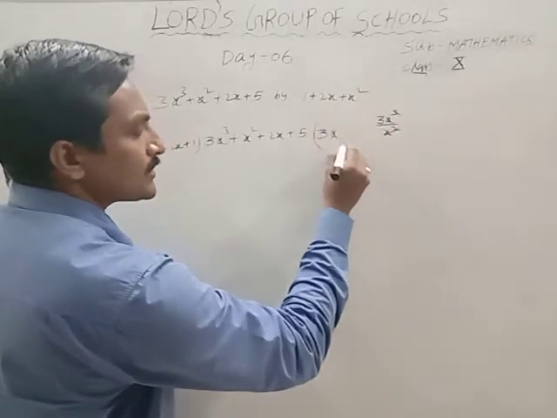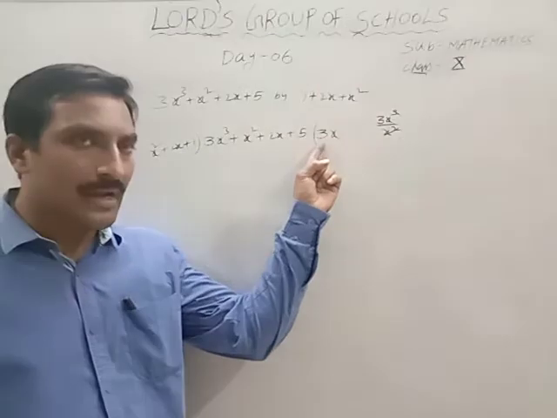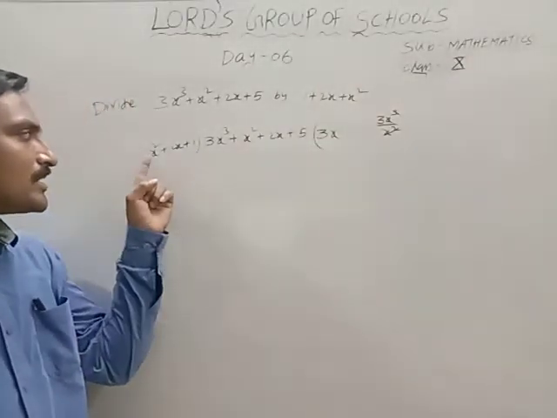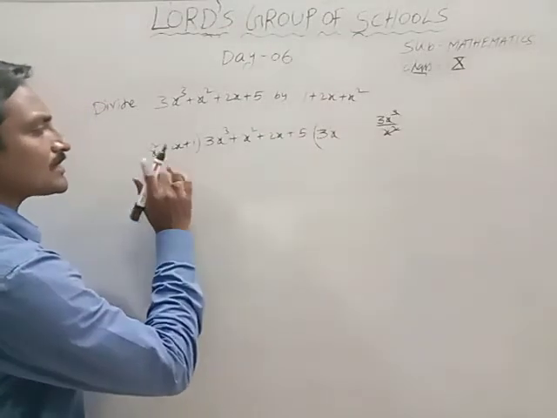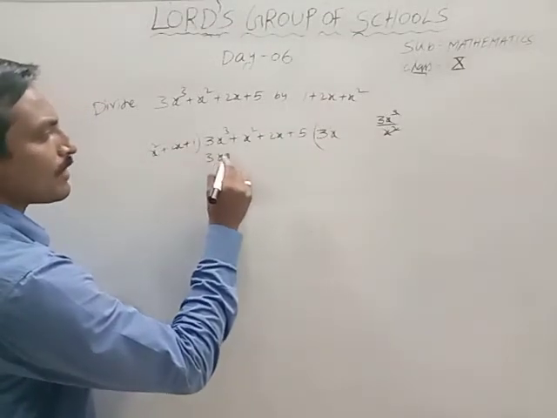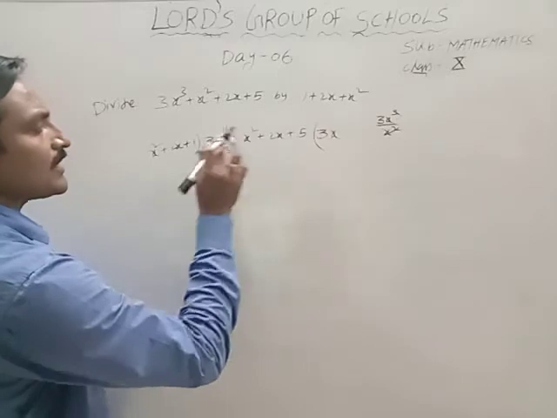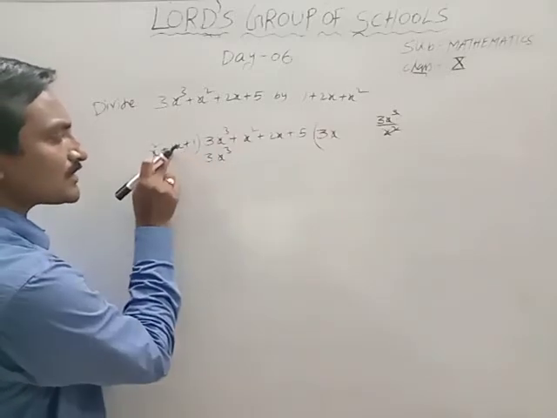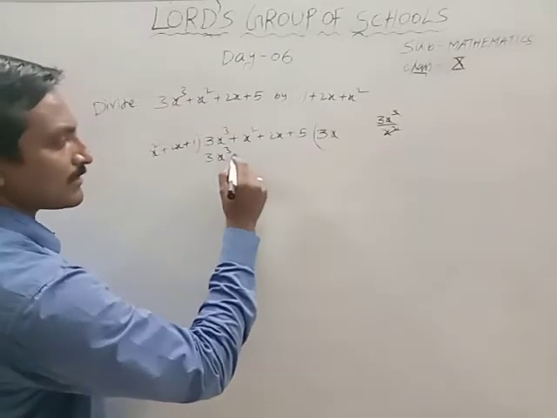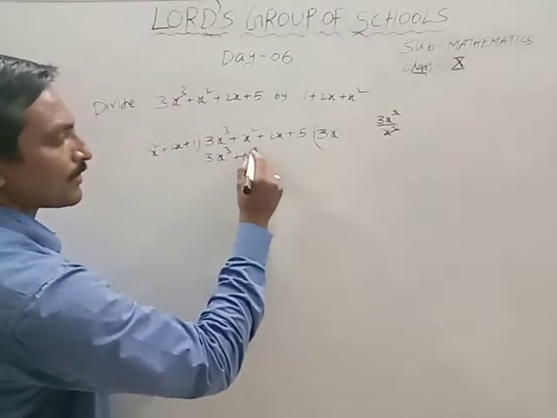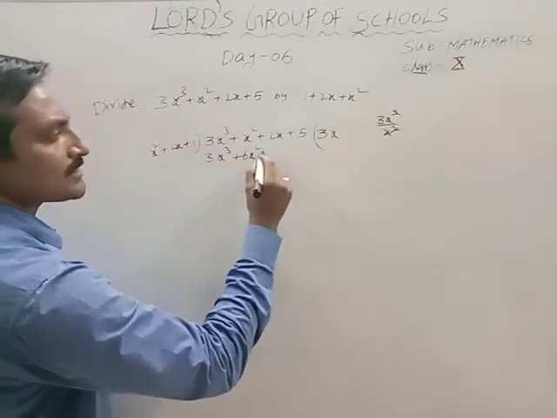In the quotient, whatever you write, multiply this term with each and every term of the divisor. 3x into x square, 3x cube. 3x into 2x: first the numbers, 2 into 3, 6, x into x, x square, 6x square. 1 into 3x, 3x.